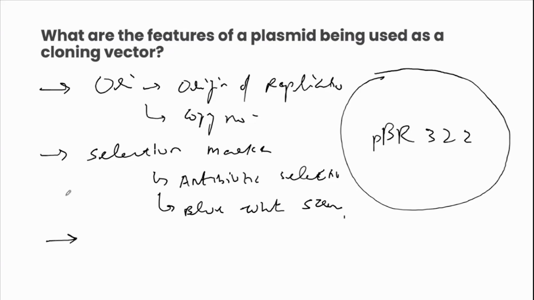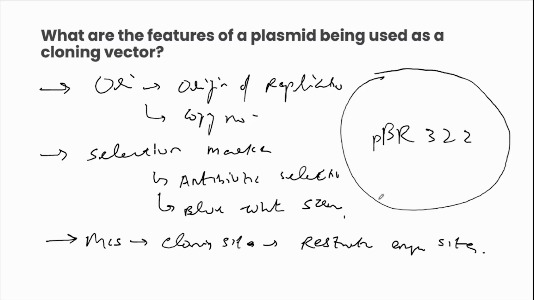Now the third thing, very important, is the MCS, that is the cloning sites. So we need restriction enzyme sites, right? Because of this, we'll be able to incorporate our gene of interest. So what all do we have? We have ORI, then we'll have MCS.